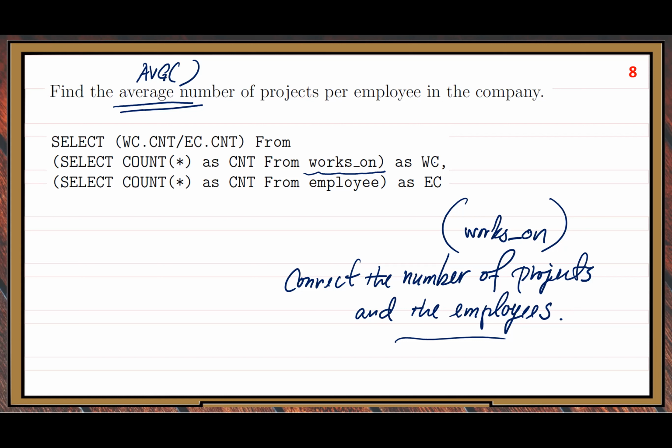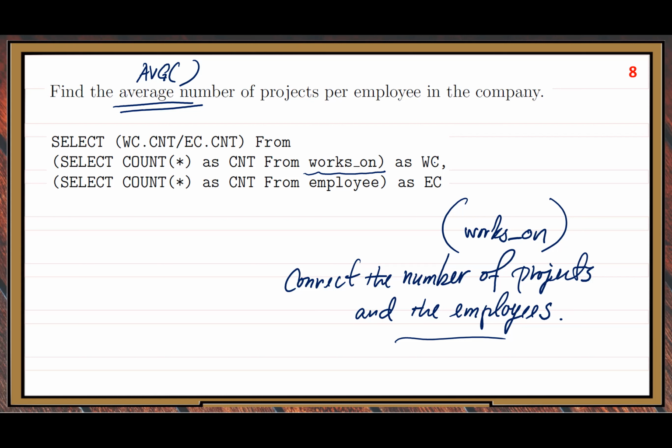That project is counted on top of this employee, that one instance. For the same project, many different employees work on that. We need to count many times, right? Because we want to count the total number of projects worked by one employee.